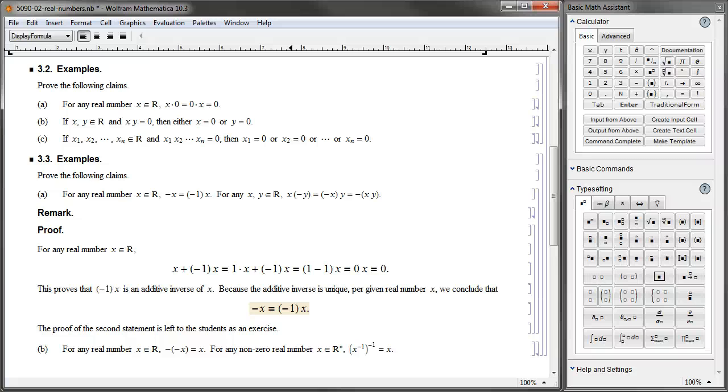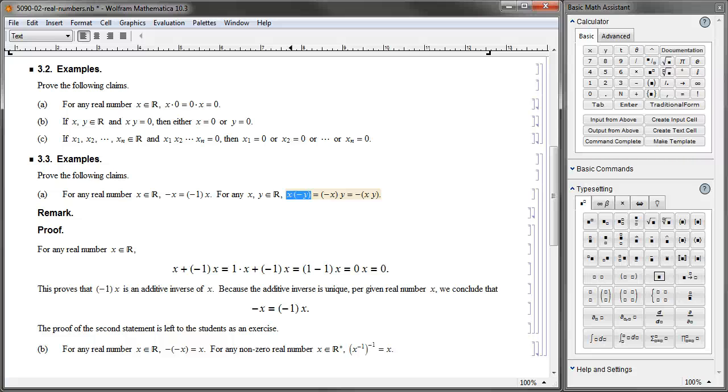The second statement is left to the students as an exercise. You can do something very similar to that because what is the right-hand side? This is the additive inverse of x times y. So if you prove that this one satisfies the condition of the additive inverse of xy, then everything will fall into place.